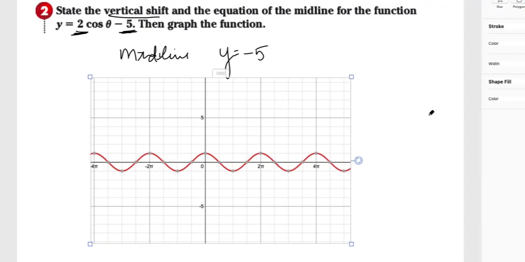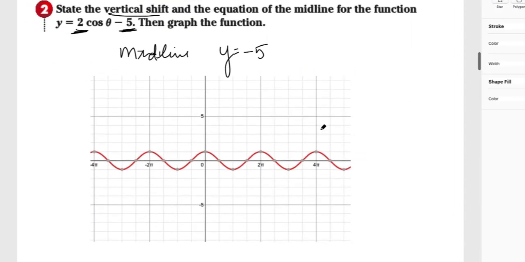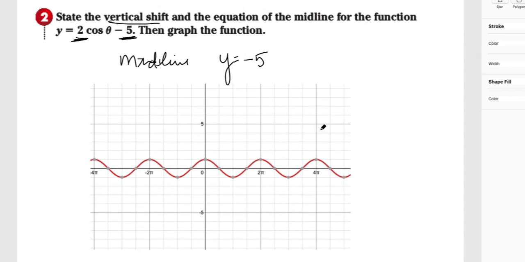As you know, these functions can be really helpful to graph. So we're going to start by confirming that yes, this is y equals cosine of theta. And this 2 tells me that the amplitude is going to go up 2 and down 2.